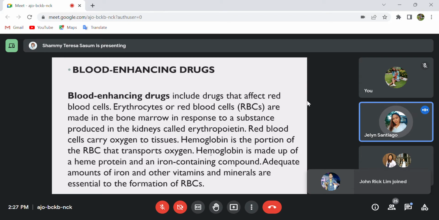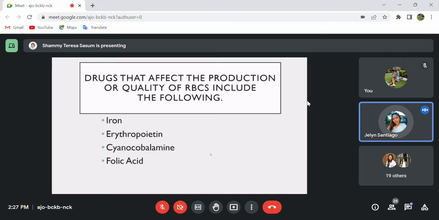Red blood cells carry oxygen to tissue, and hemoglobin is made up of heme protein and an iron-containing compound. Adequate amounts of iron and other vitamins and minerals are essential to the formation of RBCs.